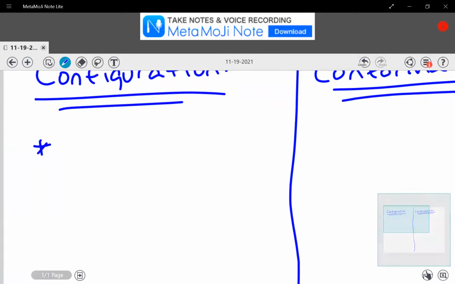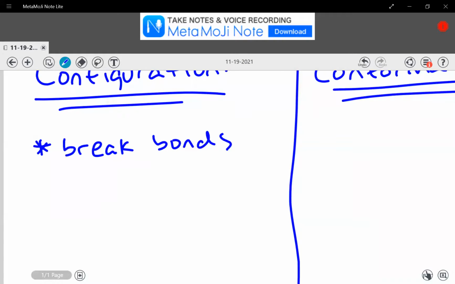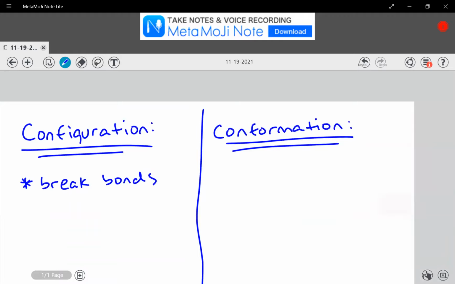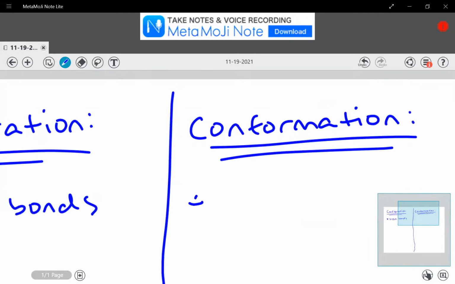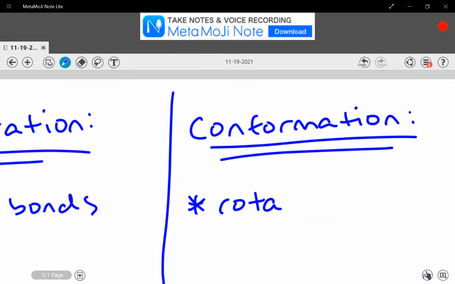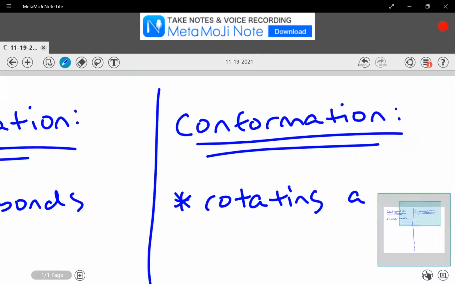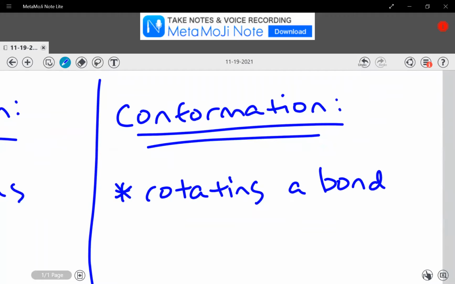So here, we must break bonds. Conformation, on the other hand, is that they can only become one another by rotating one bond. I think it's one bond. They say a single bond. So I don't know if it's a single bond or a single bond, like only one bond. So we're just going to go with rotating. Rotating a bond. All right.